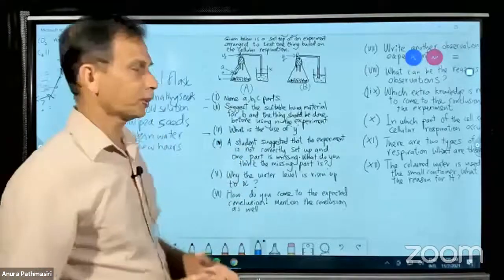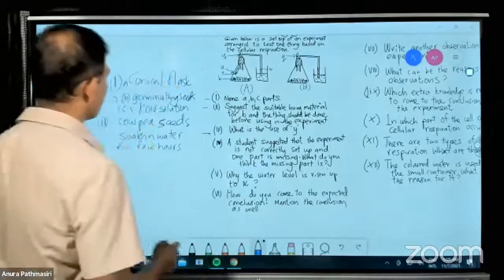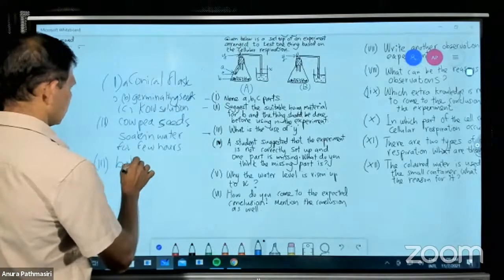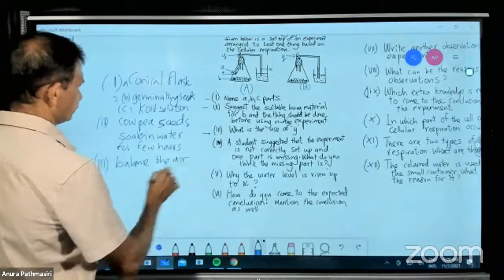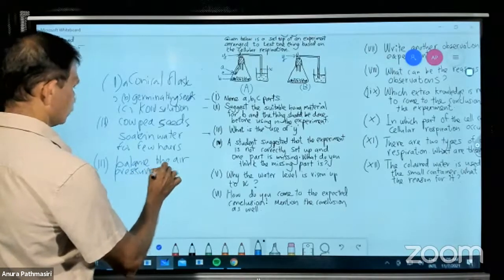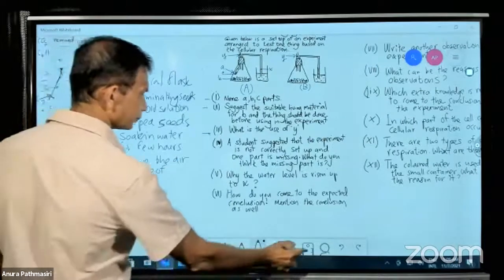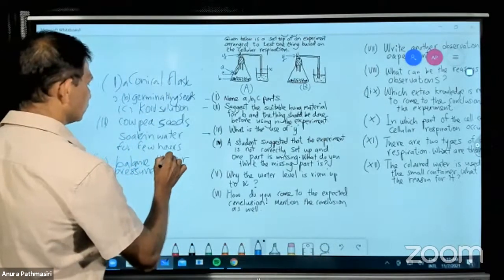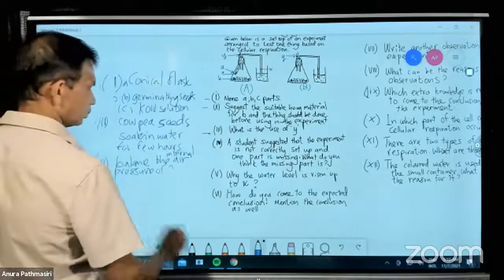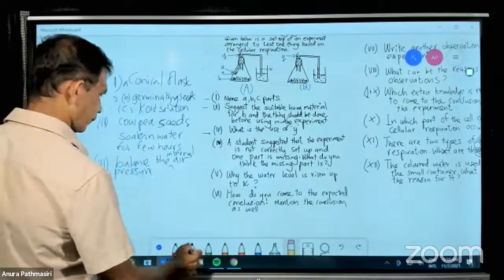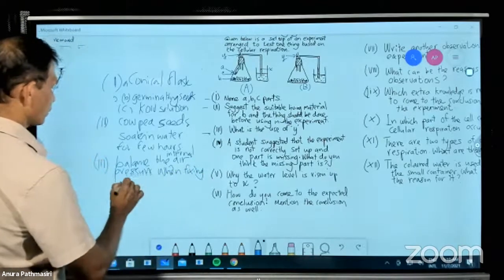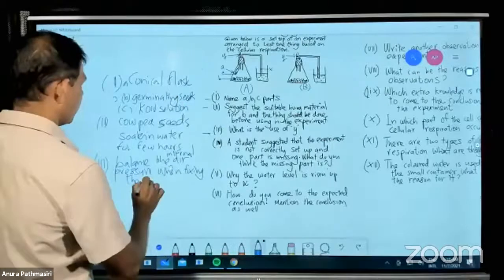Balance the internal air pressure when fixing the rubber cork.